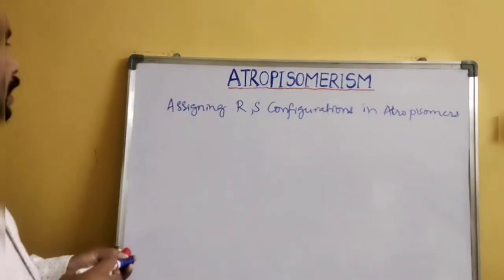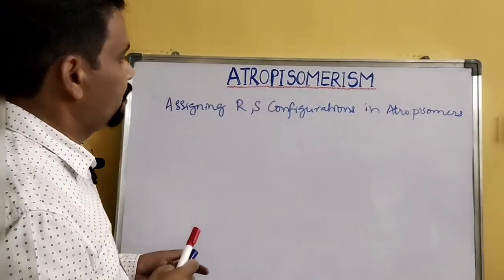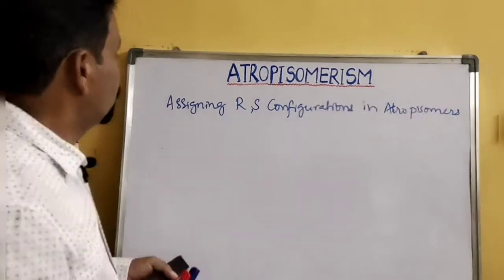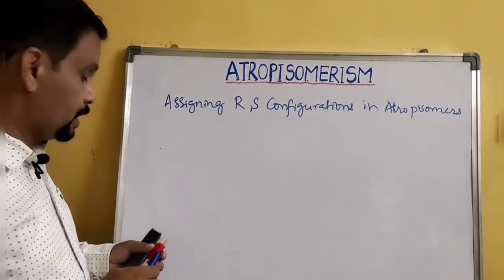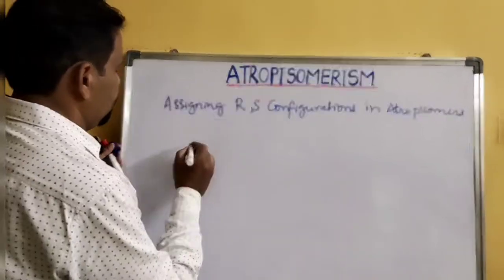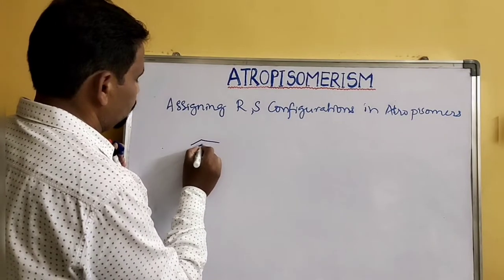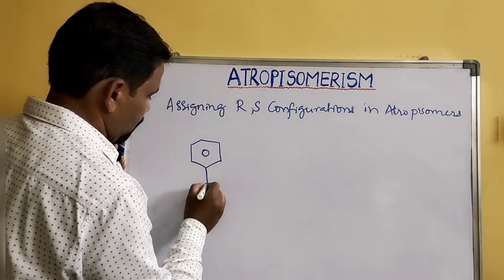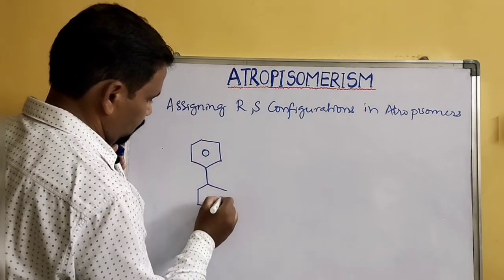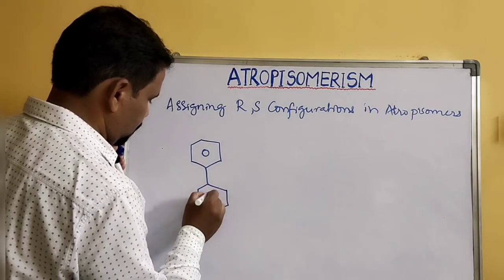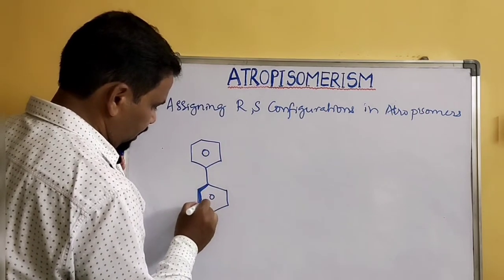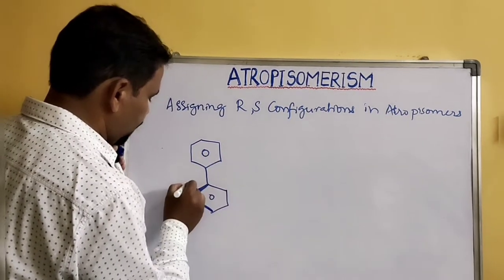Okay, how can we assign R/S configurations in hetero isomers? This I am going to explain now. Here one of the rings is in the outer plane.